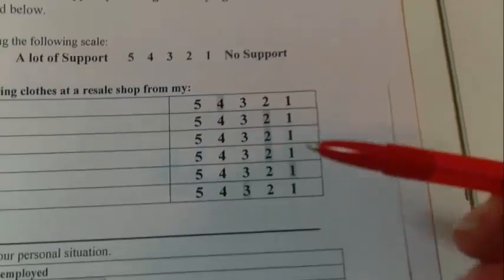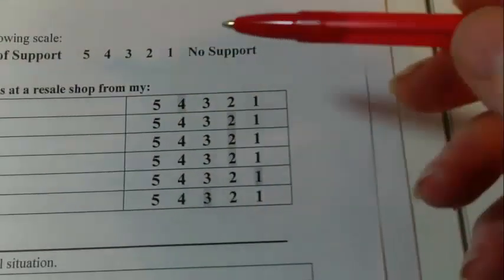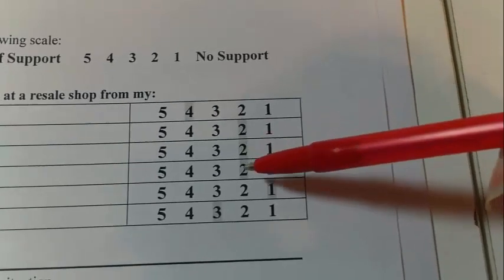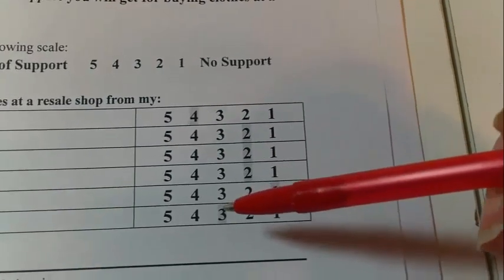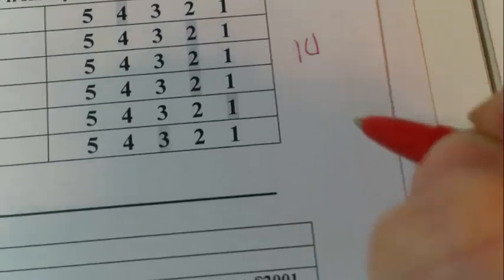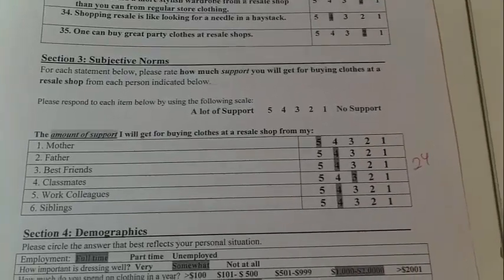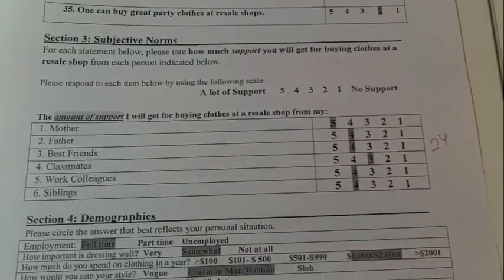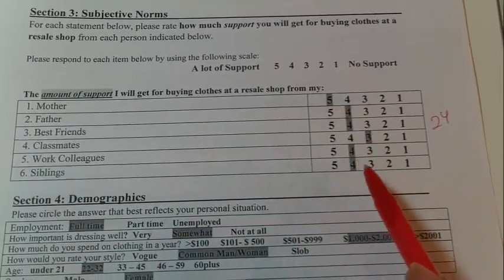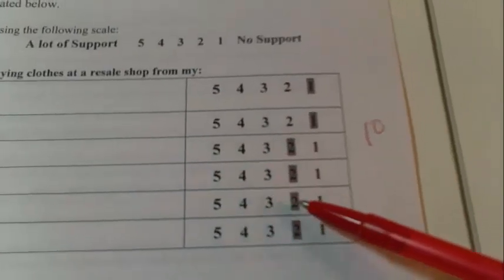So you're going to do that for every instrument that you have, and you're going to add everything up, just like you did with the self-efficacy section, but this time it's going to be subjective norms. Tally, come up with a total for each respondent's answers for each section of subjective norms, and make sure that you do that for every respondent who completed a survey. Just like so.